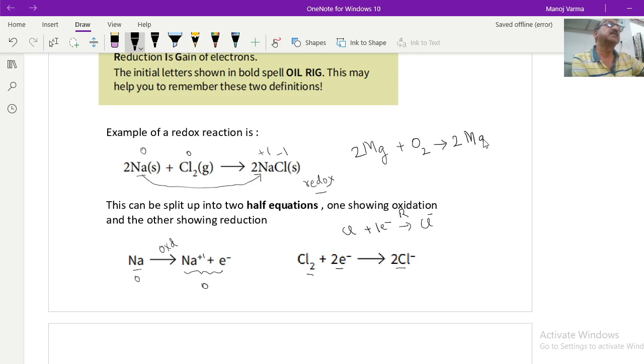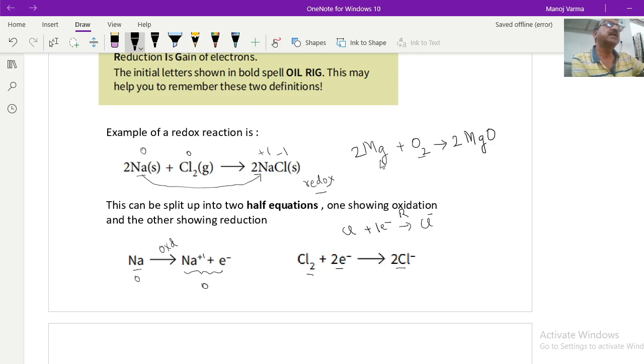So I said that this is oxidation in terms of oxygen because magnesium combines with oxygen, so it's an oxidation. Let us try to apply this electron transfer in this and try to understand whether it is the same.